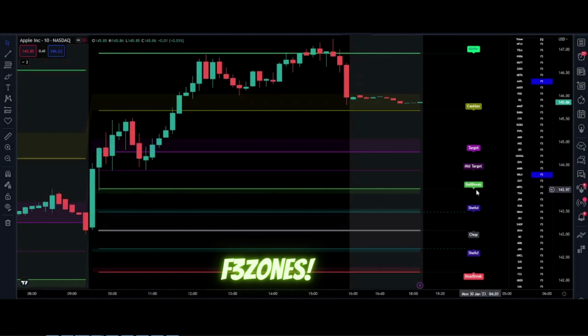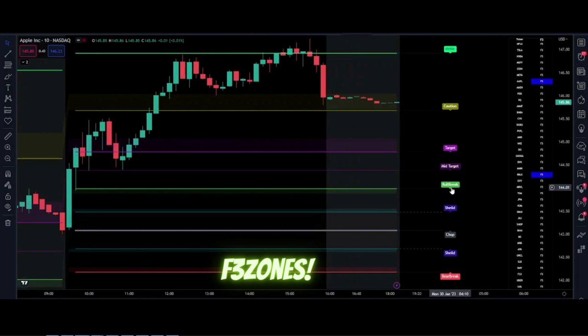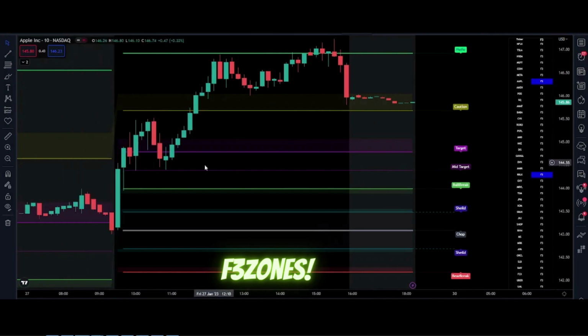This green line here is going to be your bull break area. So this entire zone here, when price is trading above it, our expectation is price will continue up to the upside, and you're going to find resistance at any level above this area. If price is trading above bull break, everything above it's going to be a resistance, right? That's what you want to be paying attention to.